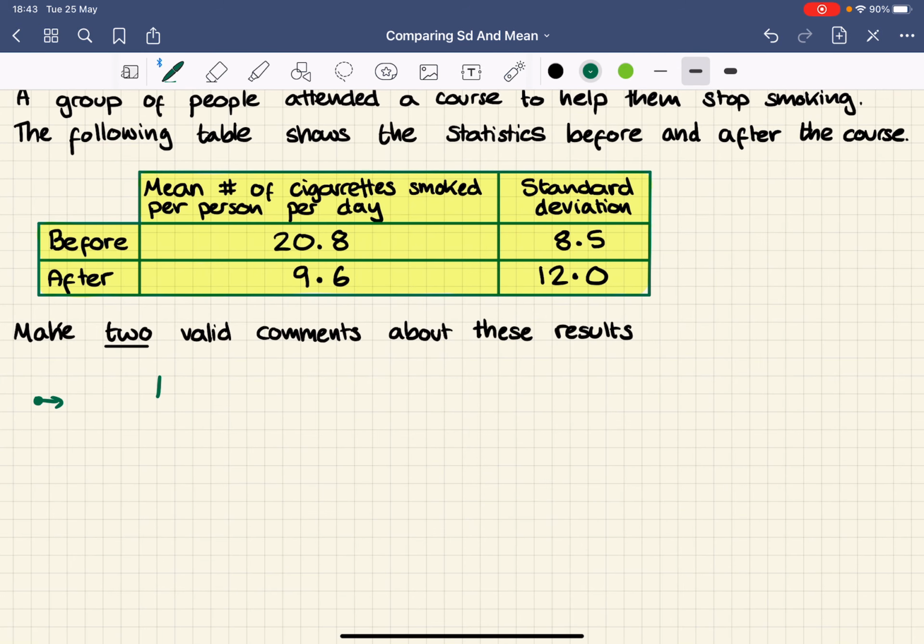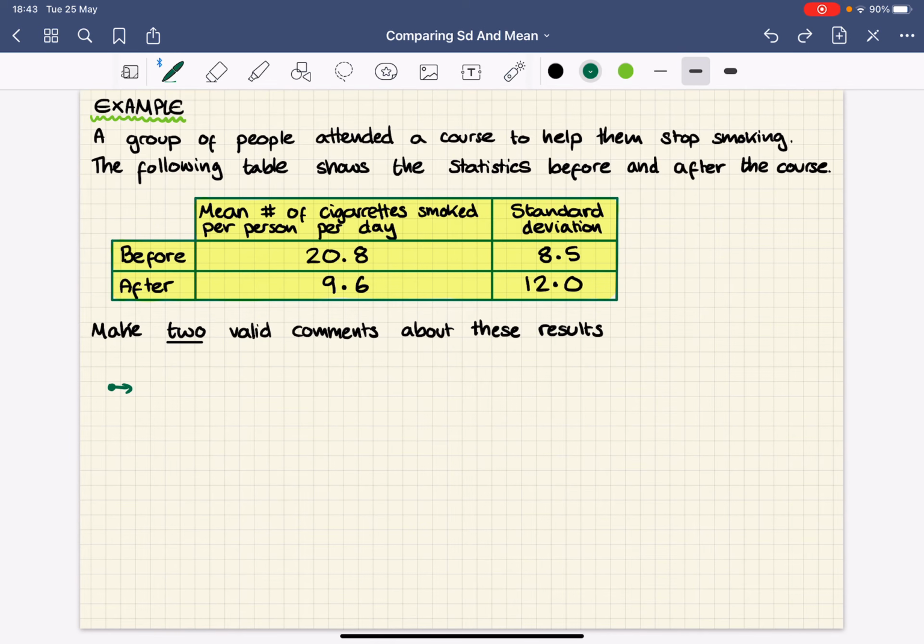So I'd say, the average, and I've got to write out that whole thing of what I am talking about.